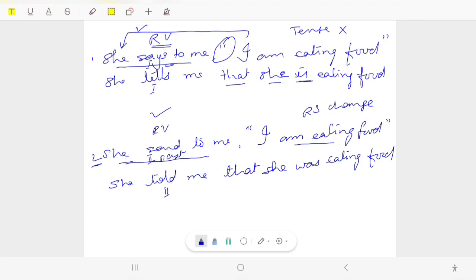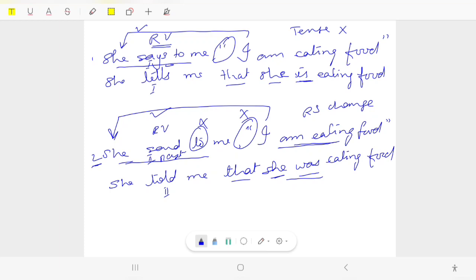So she said will change to told, to will be removed, inverted comma will be removed. That is used as a connector or conjunction, then the pronoun the same way, first person according to the subject. So here it is she, so here also it became she. Now am became was eating food. It means present continuous became past continuous.